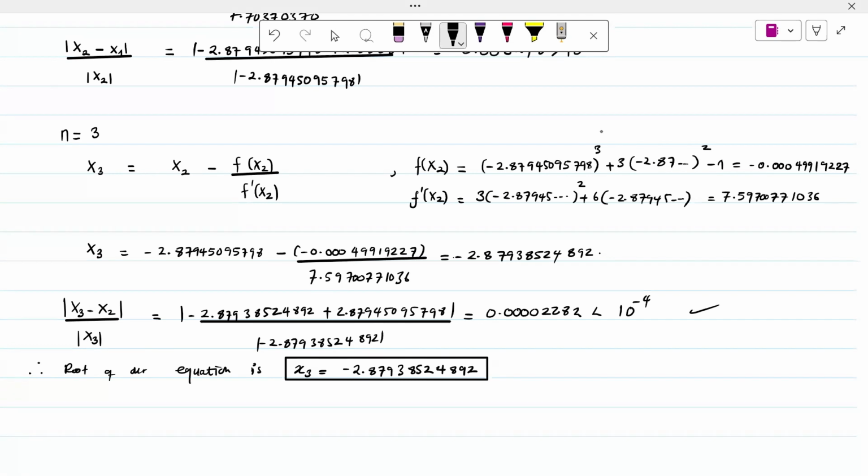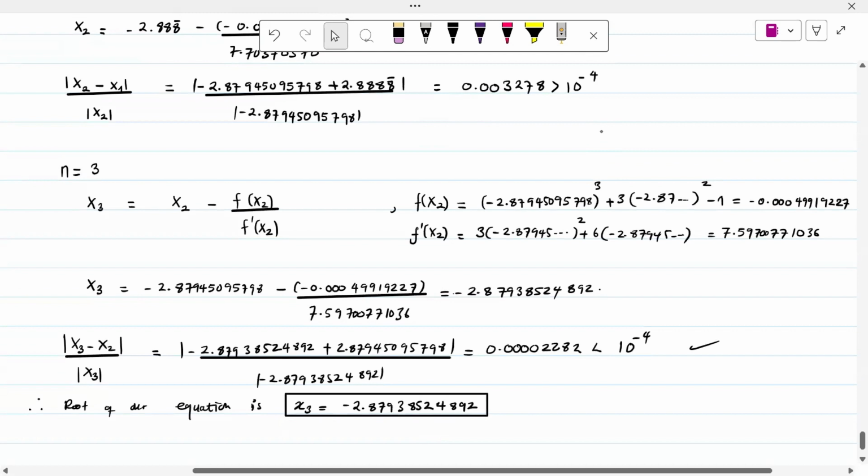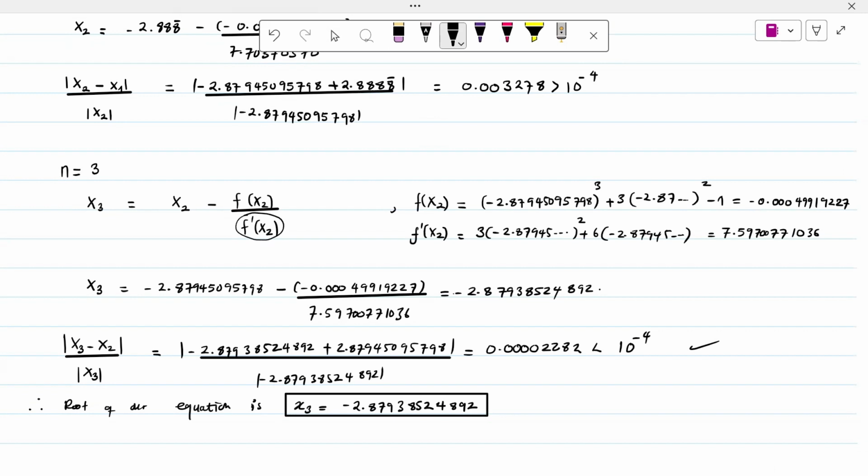So this method has no conditions? What conditions do you mean? Like the previous ones, it has to be continuous. No, this one has no condition. The only condition which is there is that the derivative at a point xn must never be equal to 0. That's one condition. Because once this guy is equal to 0, then everything becomes a mess.